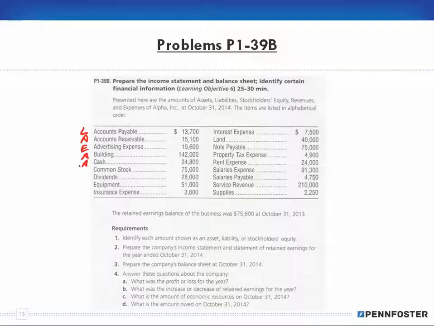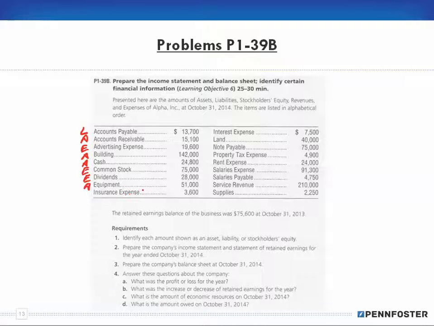Cash is our cash, that's an asset. Common stock is equity. Dividends are equity because the dividends are taken out of our profit or loss, which is on the income statement, and that gets closed out to the stockholders' equity. Equipment is something we own, so that's an asset.